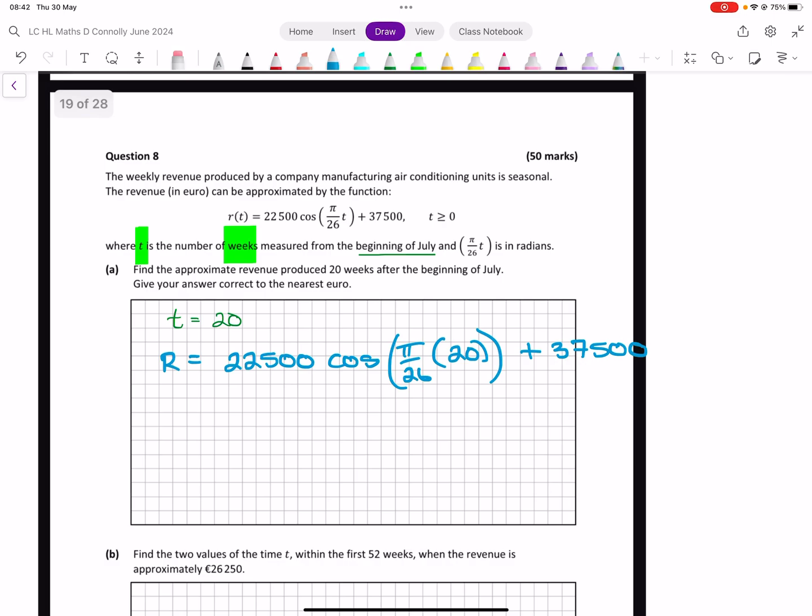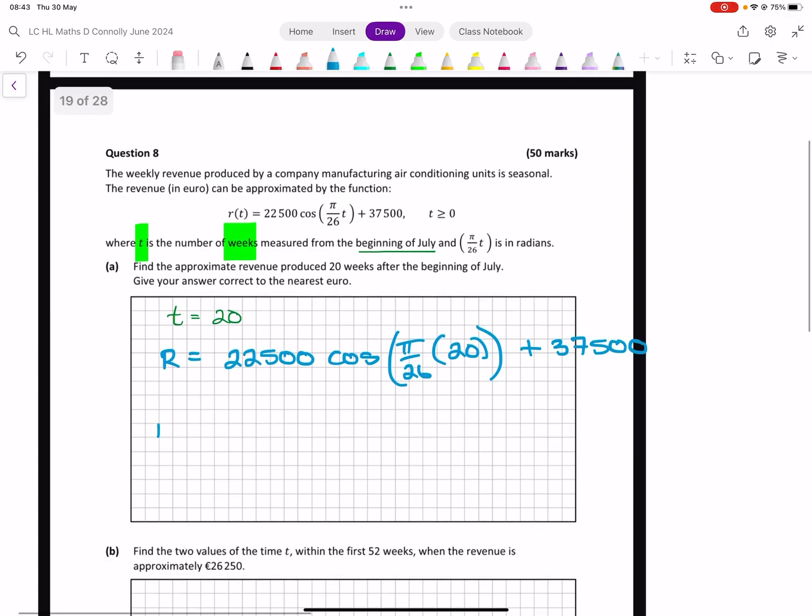I'm doing 180 divided by 26 so that I can keep it in degrees, so just be careful of your units here. Multiplied by 22,500 plus 37,500. So I'm getting revenue, to the nearest euro, of 20,659.